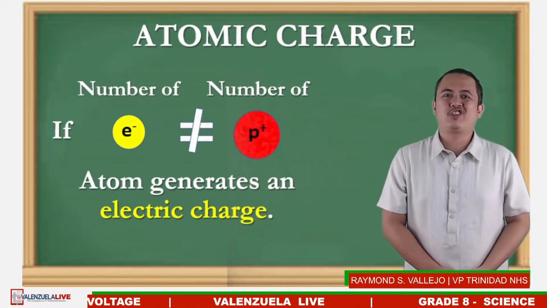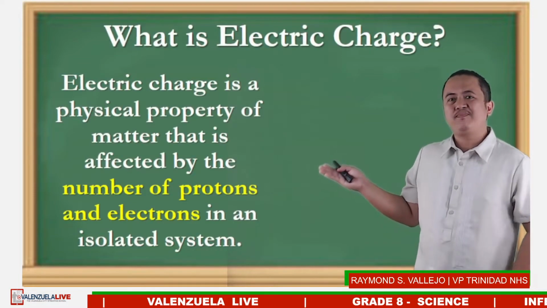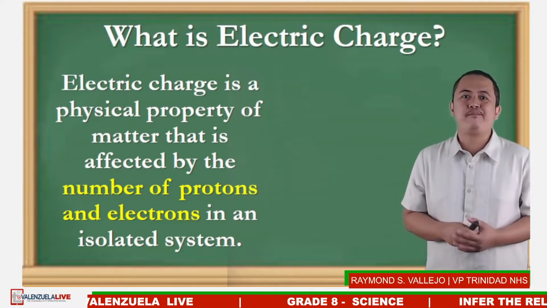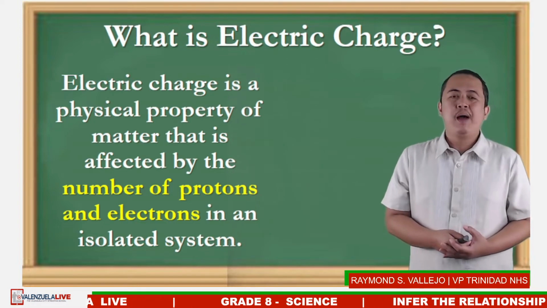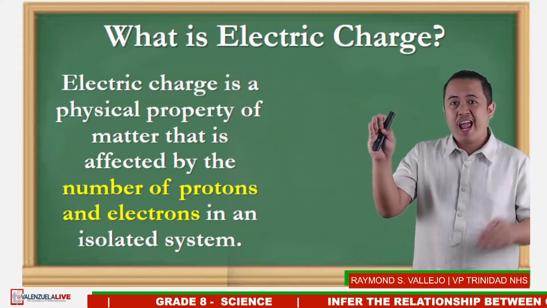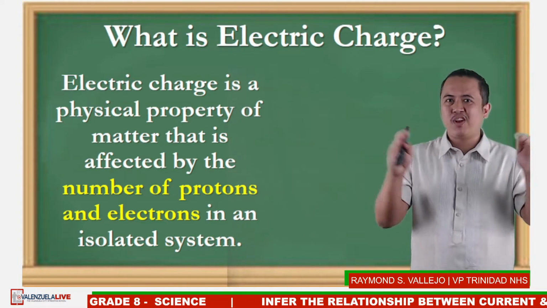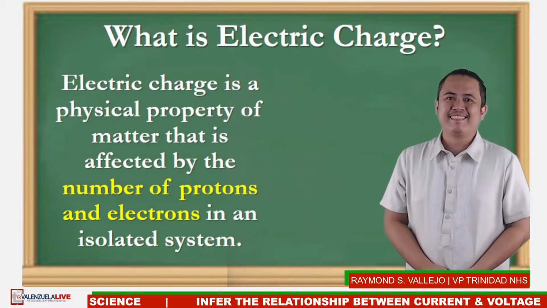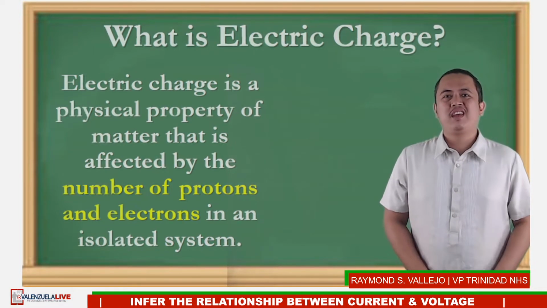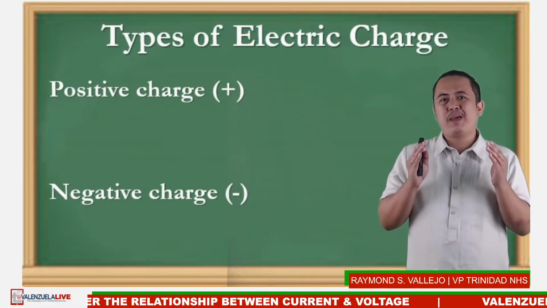What is an electric charge? Electric charge is a physical property of matter that is affected by the number of protons and electrons in an isolated system. Electric charge is carried by subatomic particles.